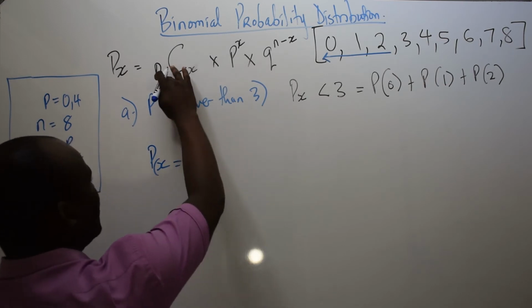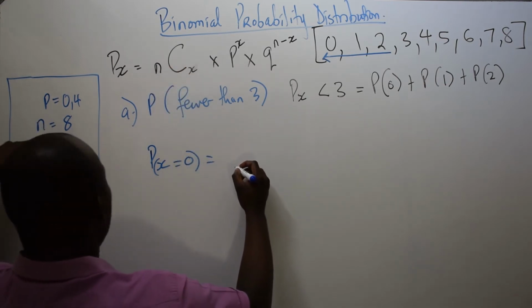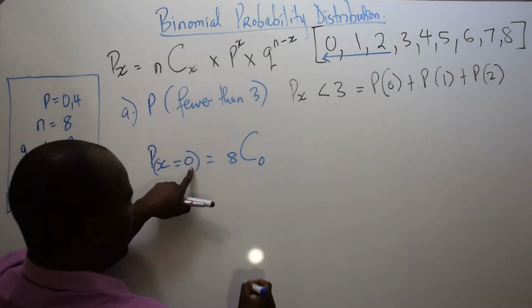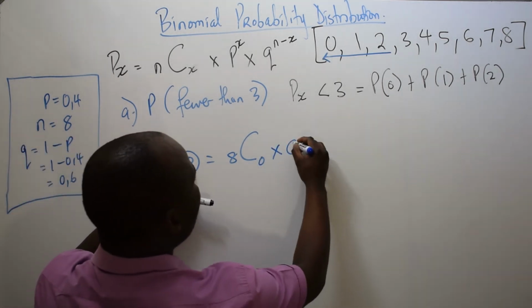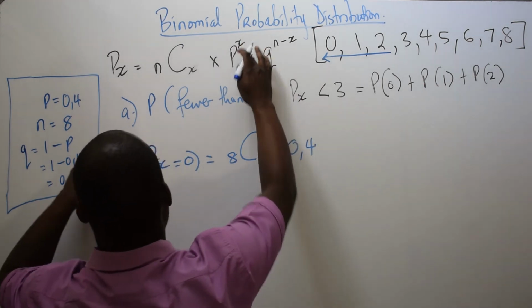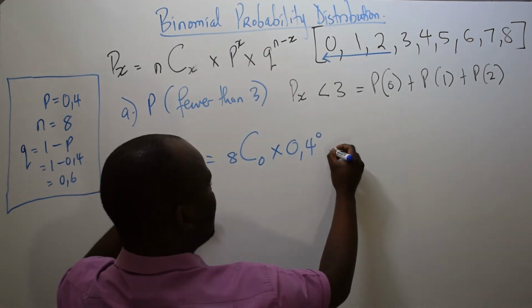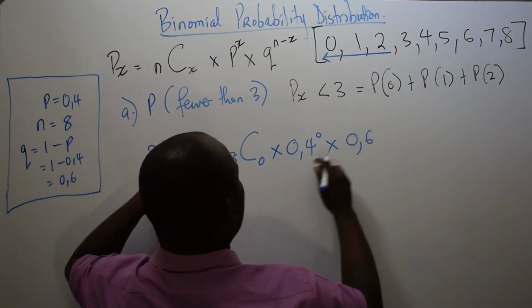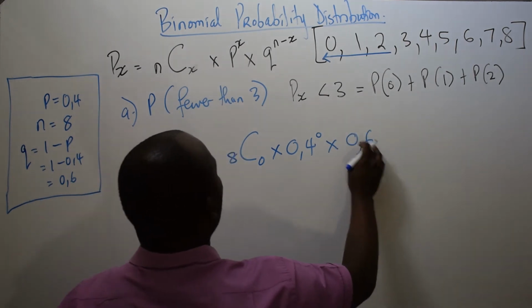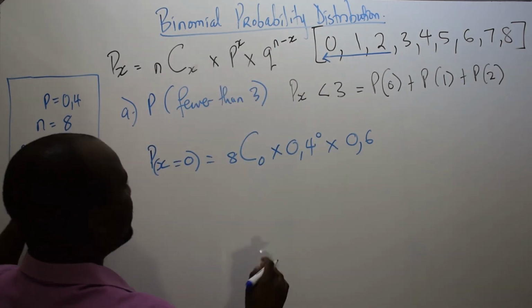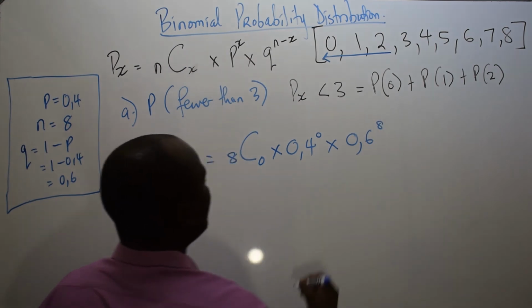So this would be equal to our n, which is 8, C 0, multiplied by 0.4 to the power of what we're looking for, which is 0 in this case, multiplied by 0.6, which is the q, to the power of n minus x. n is 8 and x is 0, so this remains to the power of 8.